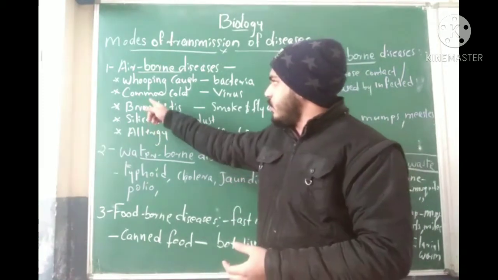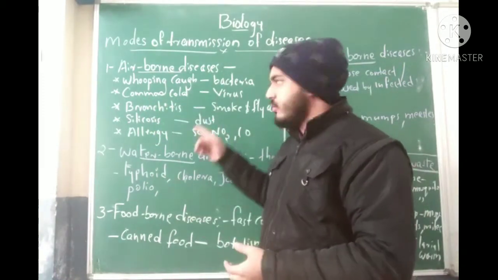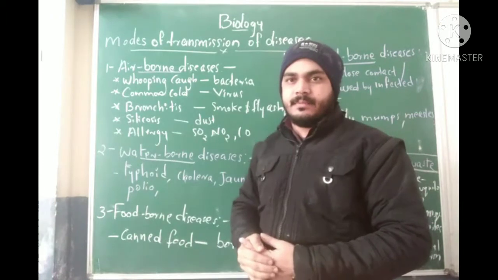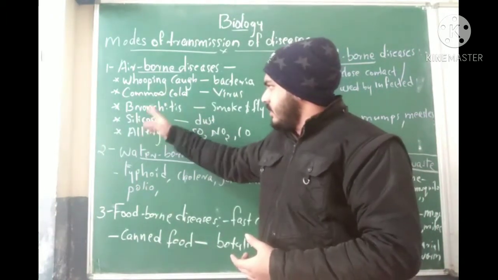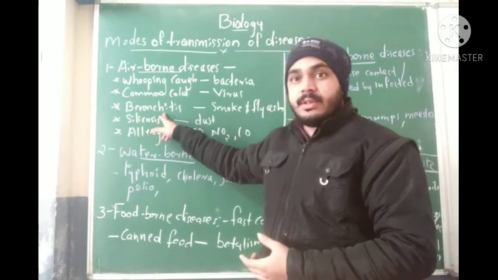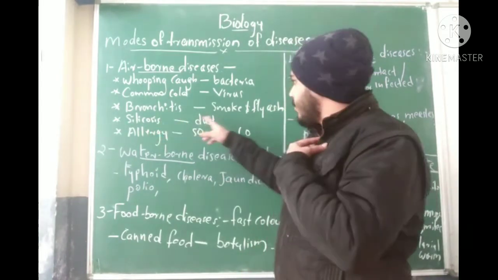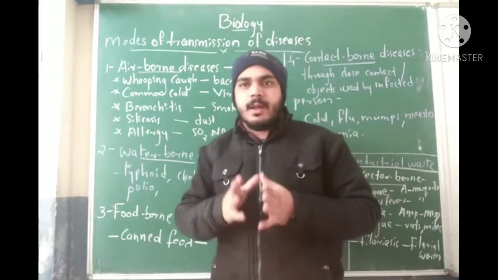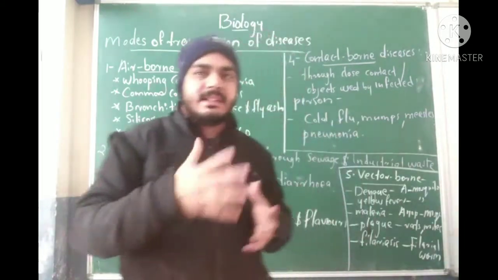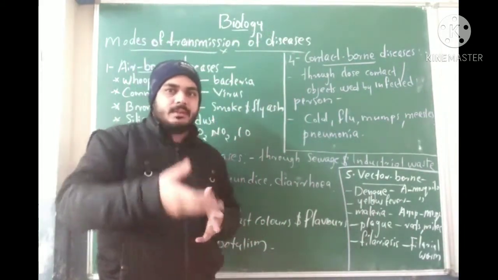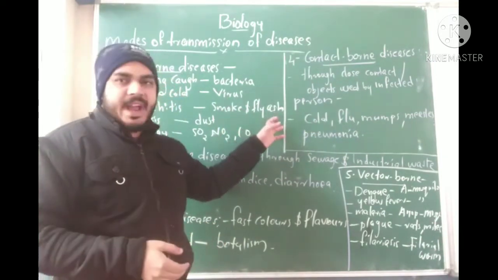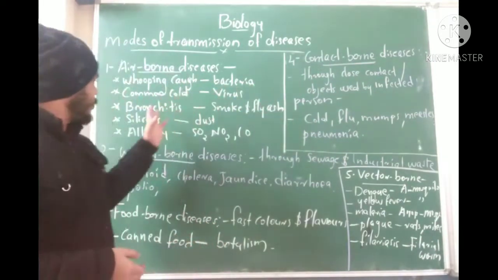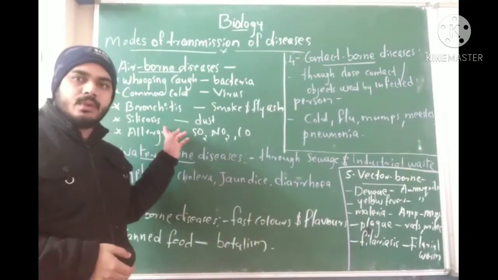Next one, common cold is a viral disease. Common cold is caused by a virus. And next one, bronchitis. It is caused by smoke and the ash emission, the fly ash. And next one, silicosis.